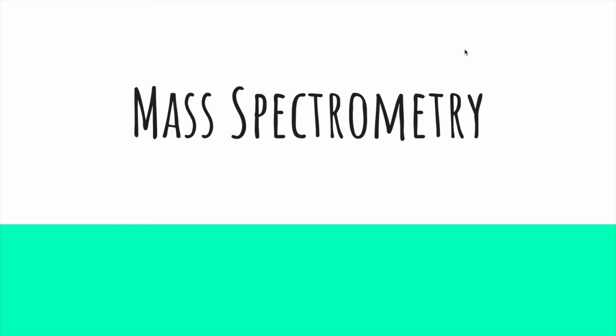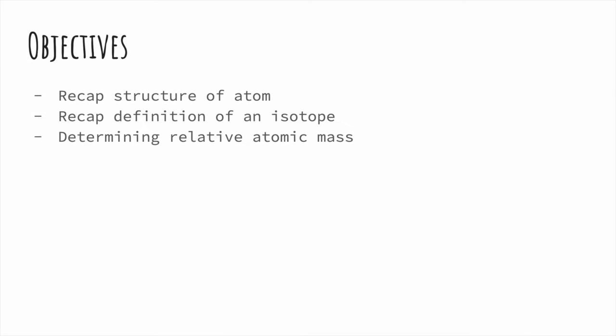Okay, so we're just going to look at the structure of the atom. We're going to remind ourselves what an isotope is, remind ourselves of this relative atomic mass, and what we'll look at that's new is how we came to find these relative atomic masses.